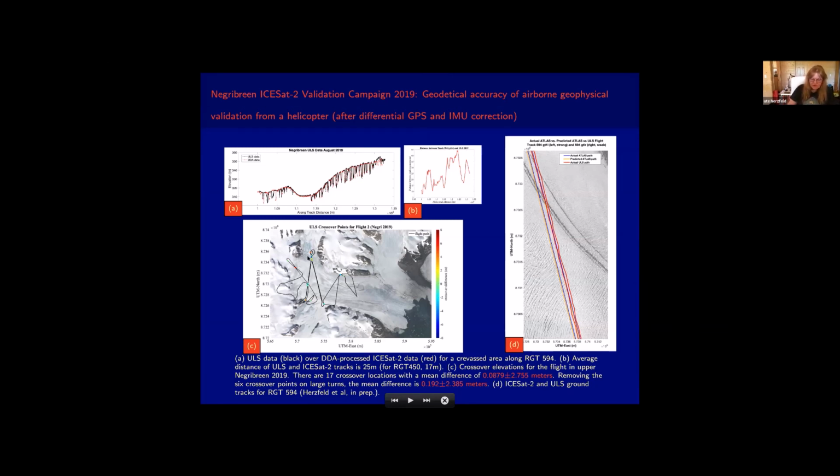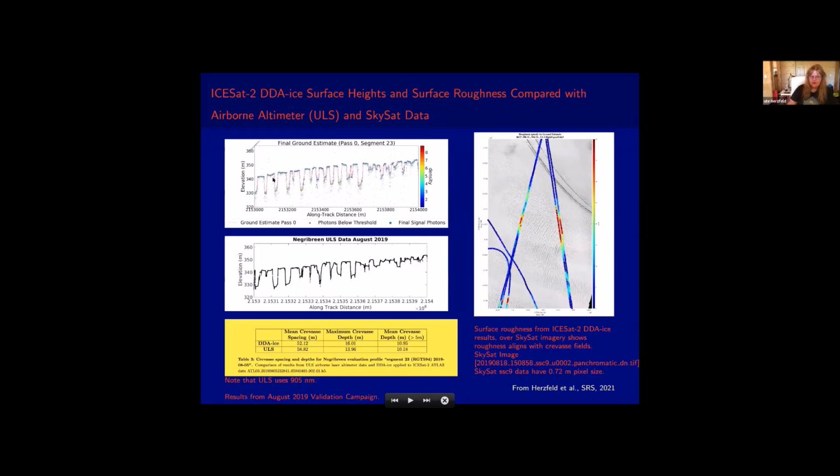We do look at crossover points to get an idea of the accuracy of our field validation data, which is in the order of 10 to 20 centimeters with something like a 2 to 2.5 meter standard deviation. Which means, yes, we can use them as evaluation for the ICESat-2 data. If we look at first this figure, the top shows us ICESat-2, the bottom shows us the ULS data.